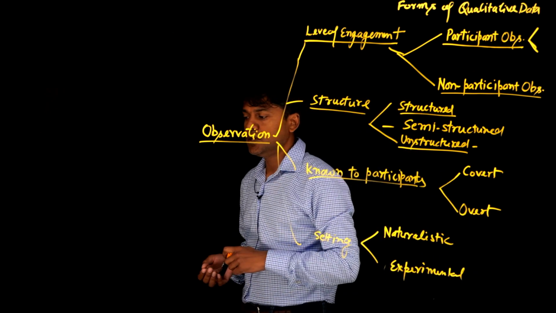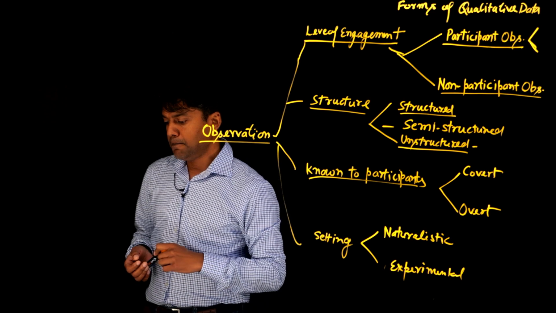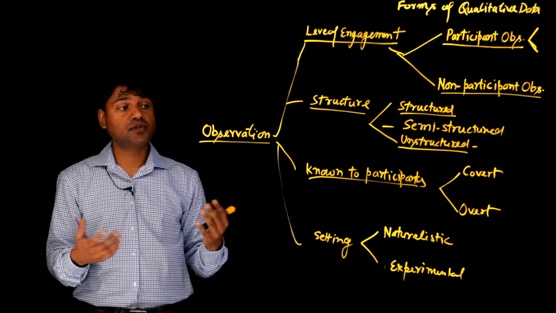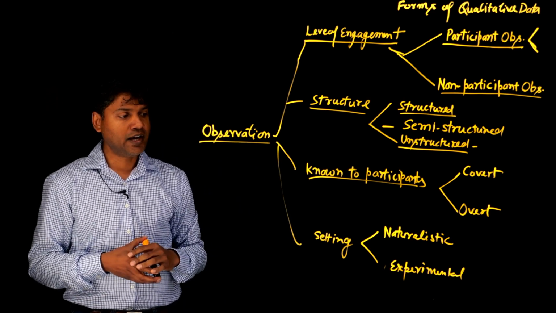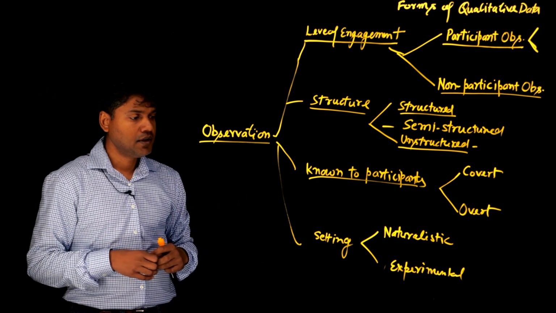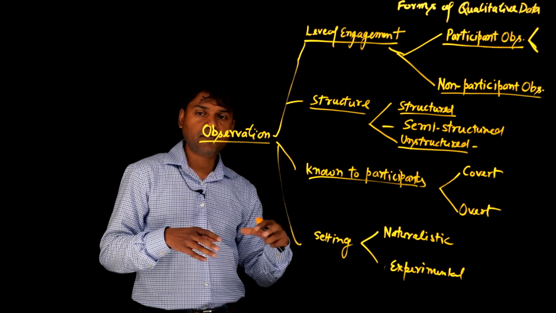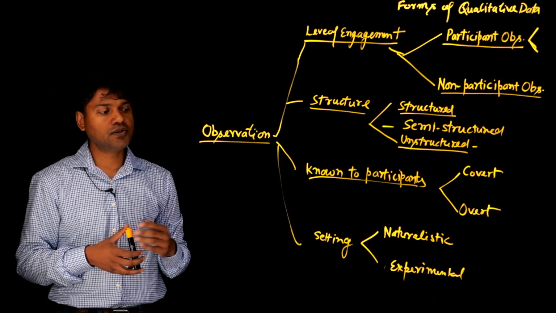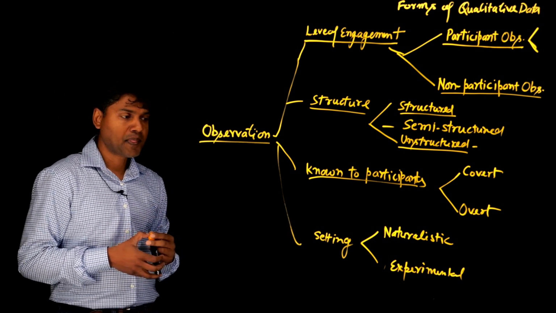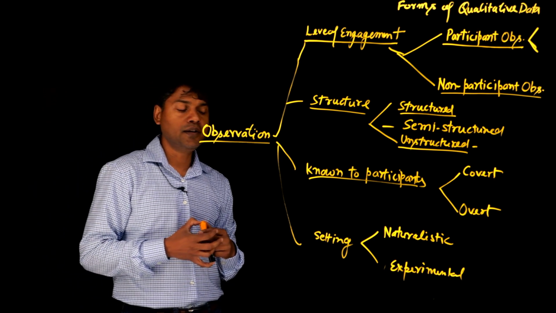Experimental observation sometimes happens in quantitative studies, where you have your experiment set up, your research participants come and are assigned to different groups, and you as a researcher observe them in different experimental conditions.